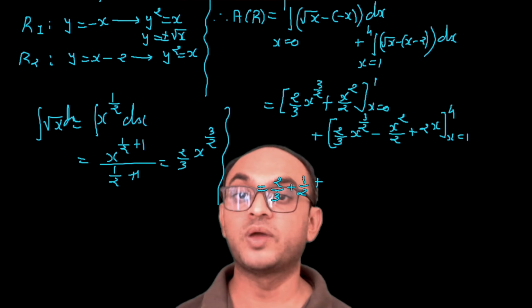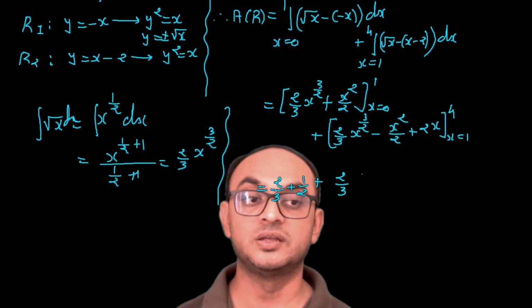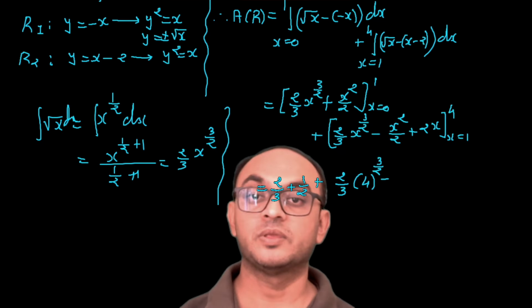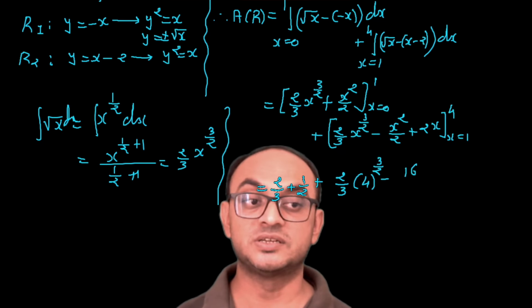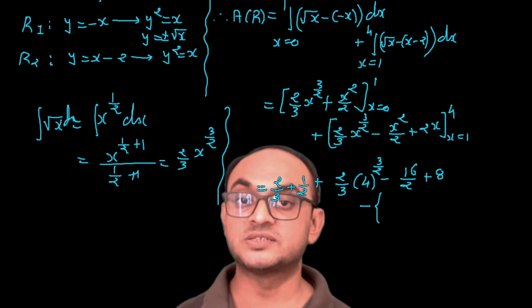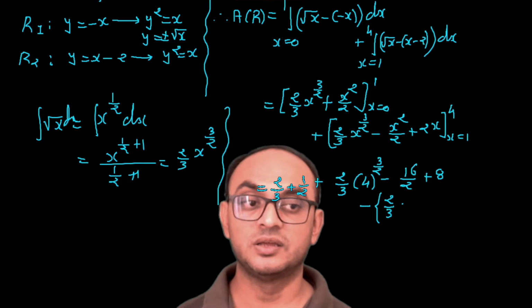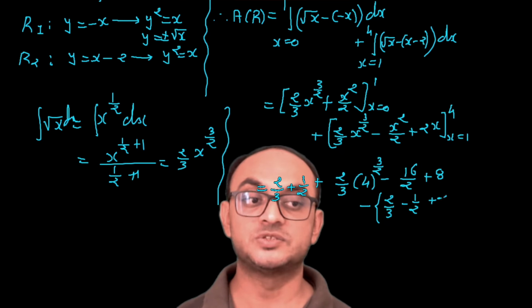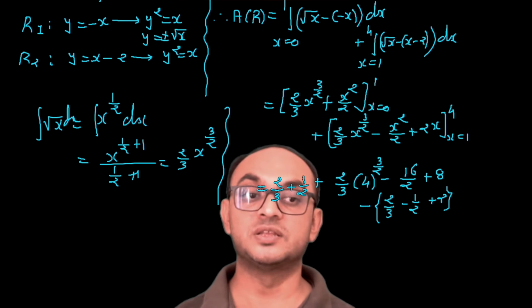Plus now when x is equal to 4, this is 2 by 3, 4 raised to 3 by 2, minus 4 square is 16 divided by 2, which is 8, plus 4 into 2 is 8. Minus sign for the lower limit. Clear? x equal to 1, so this is 2 by 3 minus 1 by 2 plus 2. Evaluate this quantity. This is equal to 2 by 3 plus 1 by 2 plus.